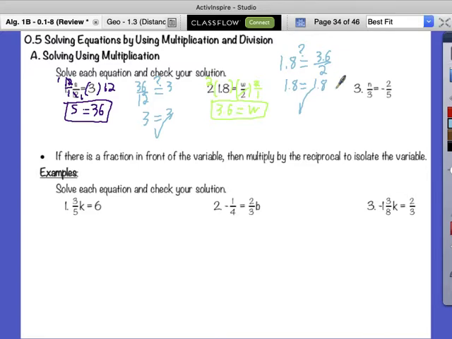Since this is division, you want to get this out of the denominator, so multiply this by 3.